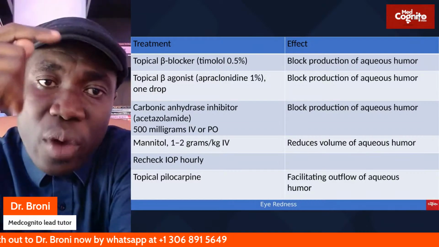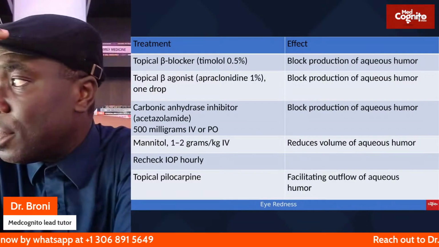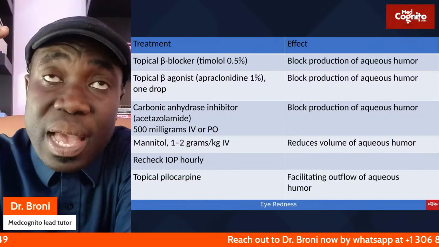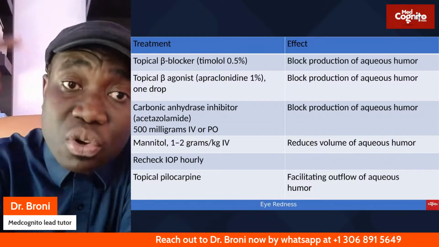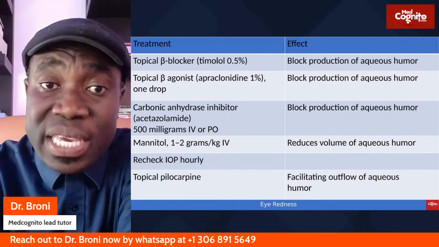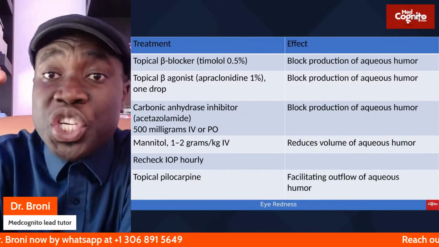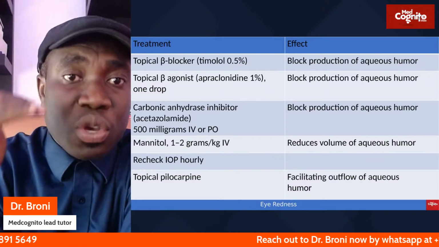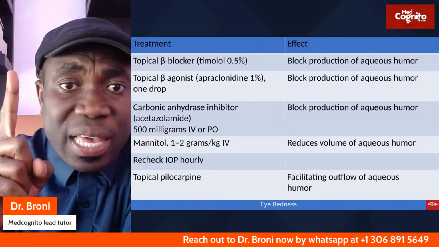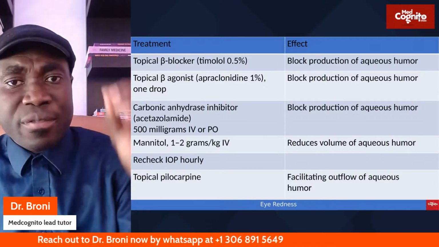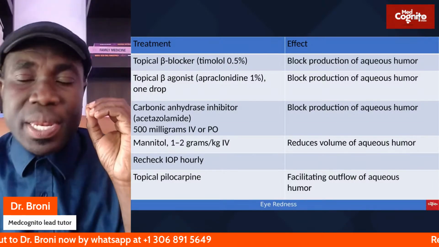So when somebody comes to you with acute angle closure glaucoma, which medications can we give which will reduce or block the production of aqueous humor? Think about a topical beta blocker. That is why we have timolol coming in.